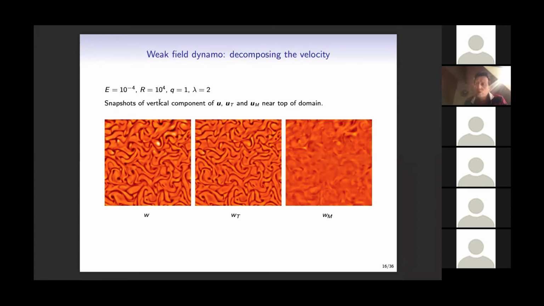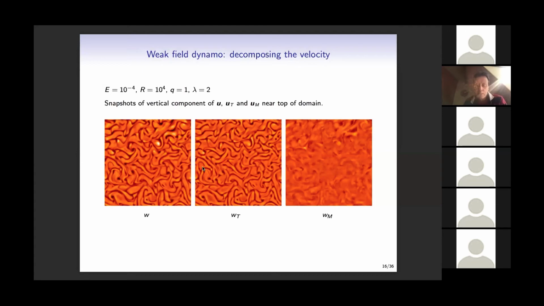So the rotational constraint is not as strong, and I'm showing this as an example of what I would call a weak field dynamo. So I'm showing it as an example where, when the dynamo field grows and saturates, the morphology of the saturated state is not very different to the flow in the convective state.